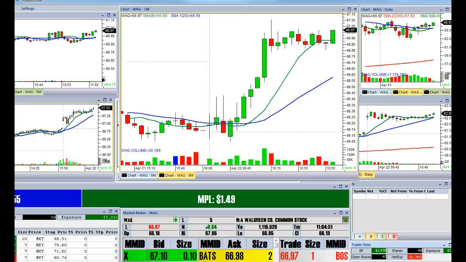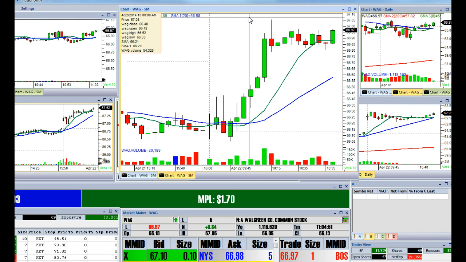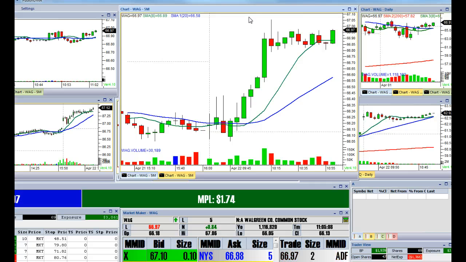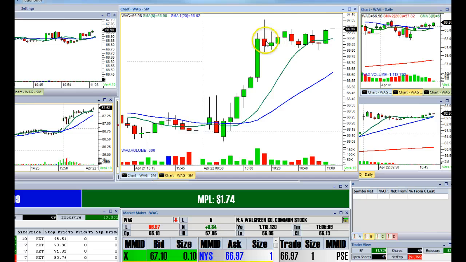Okay, so here we are back with Walgreens. Where we left off, if it got up above this area, I'm out. Like I said, the longer that it stays up here, the better the odds it's actually going to go up and hit my stop. But I'm just going to have faith right now.